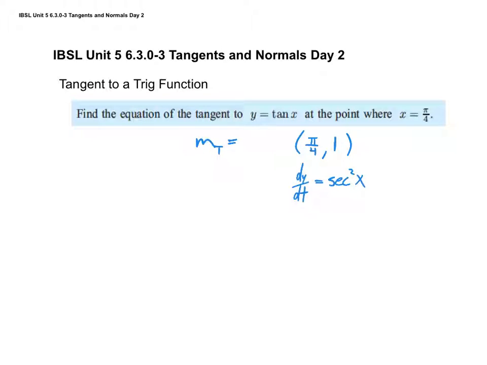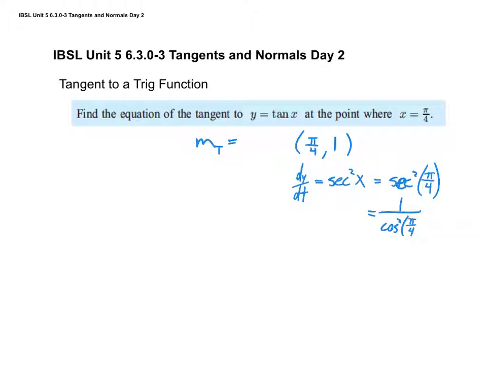So this is secant squared, so now I need to find the secant squared of pi over 4. If I plug in pi over 4, how am I going to figure that out? Unit circle. Secant is 1 over cosine, so it's 1 over cosine squared of pi over 4.